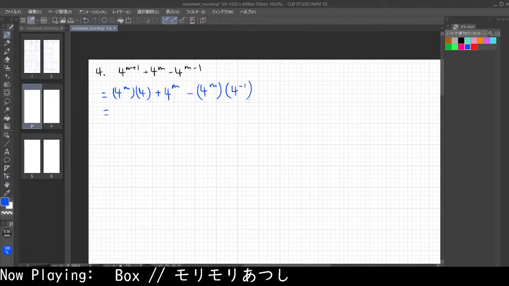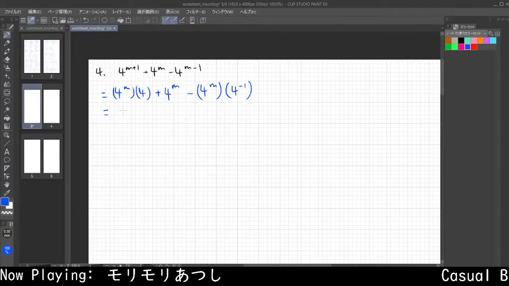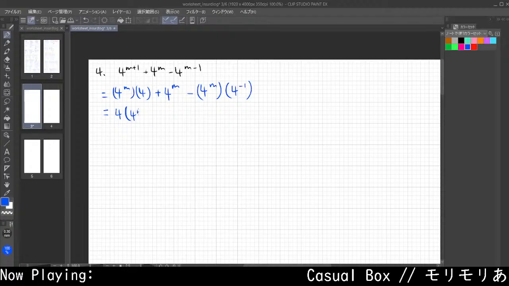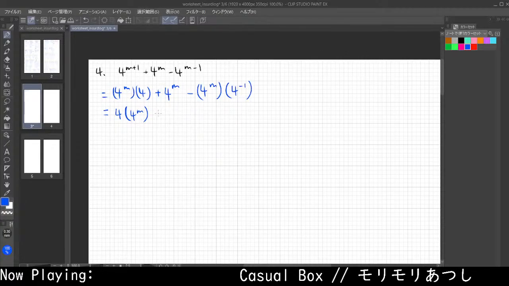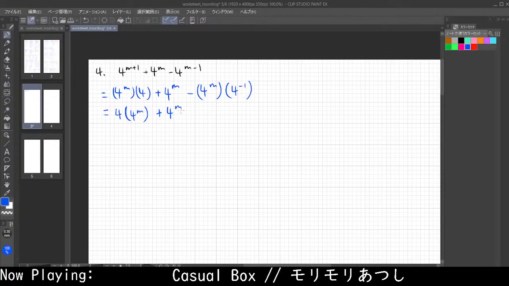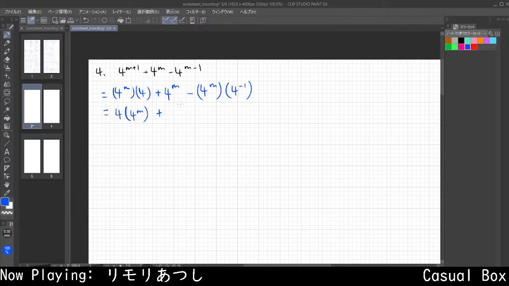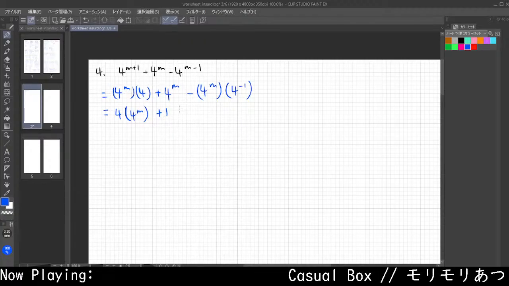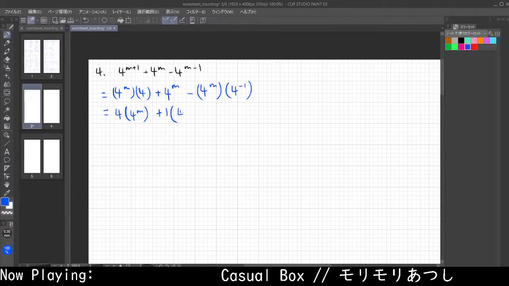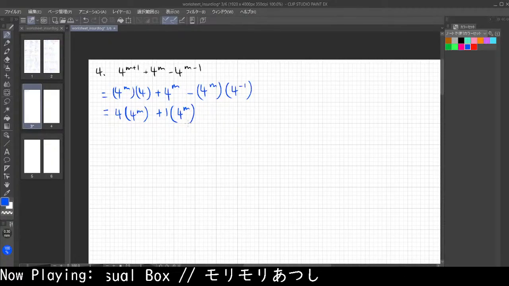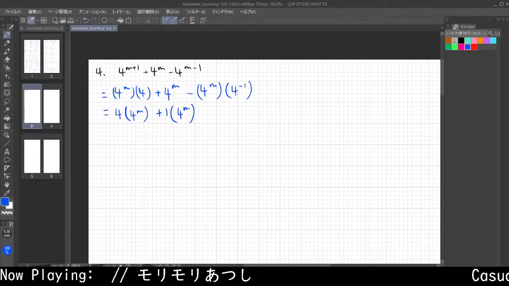Your 4 times 4 to the m over here, I'll put this here, and then my 4 to the m over here. Because at the end what we'll be doing is adding the quantities of the 4 to the power m's together, what you can do is first split them out so it's easier for you to see, including splitting out the 1 that's multiplying with the 4 to the power of m, so you can write it in this particular form.